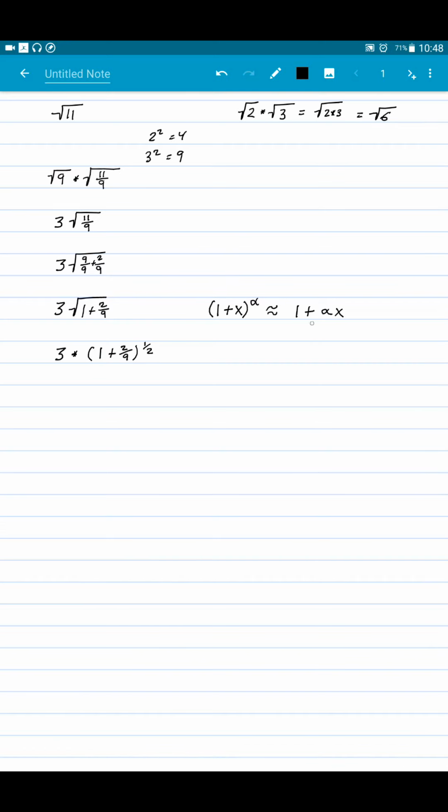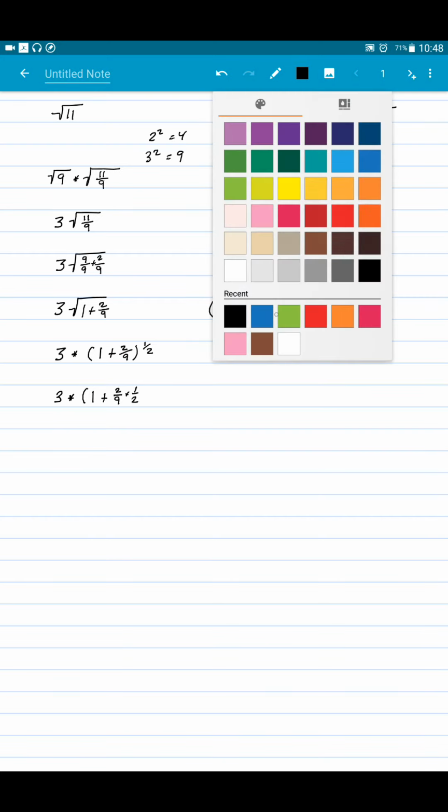So, using the Taylor series approximation, we keep our 3 there, and this is going to be 1 plus 2 over 9 times 1/2. If we multiply this out, these 2's cancel.